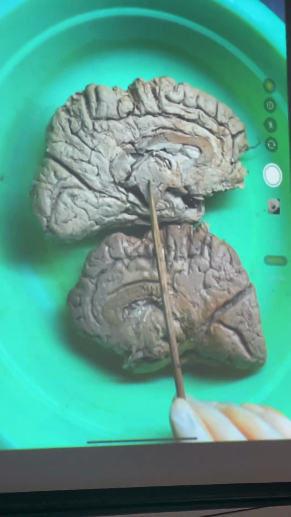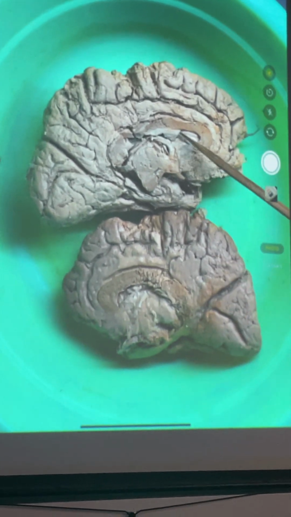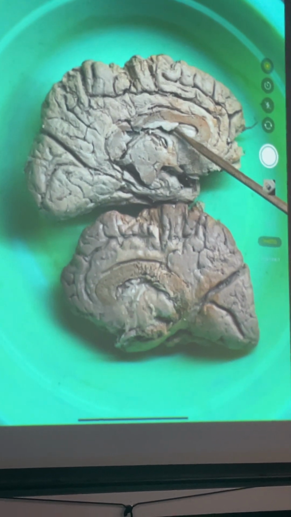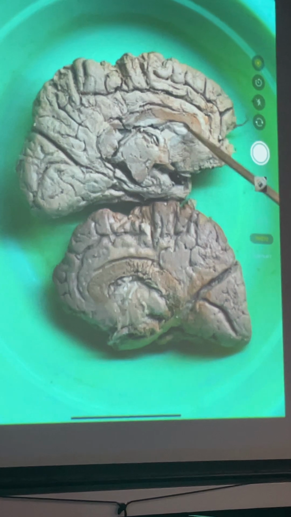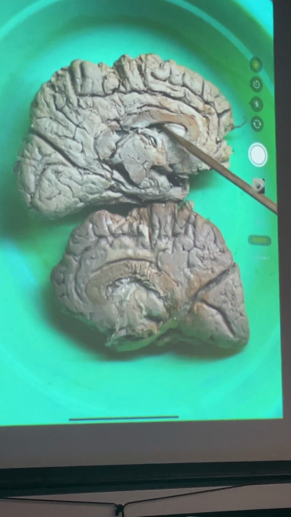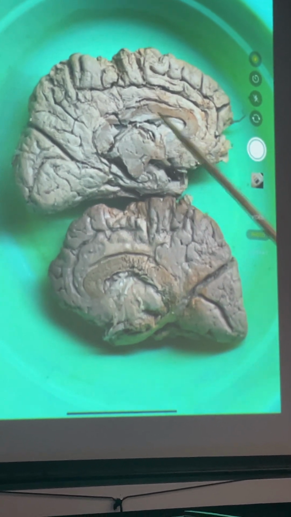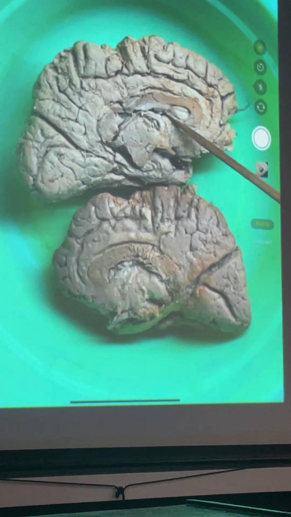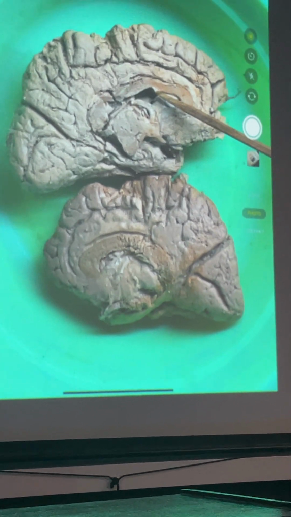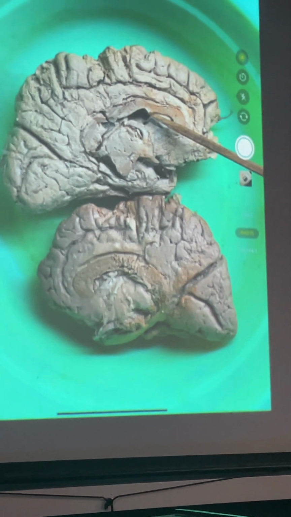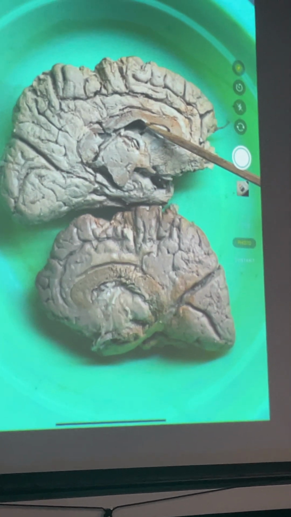And if you can see this thin structure over here, do you see this? That is known as your septum pellucidum. And if you open that, you have the space inside of it. That space is known as the lateral ventricle.